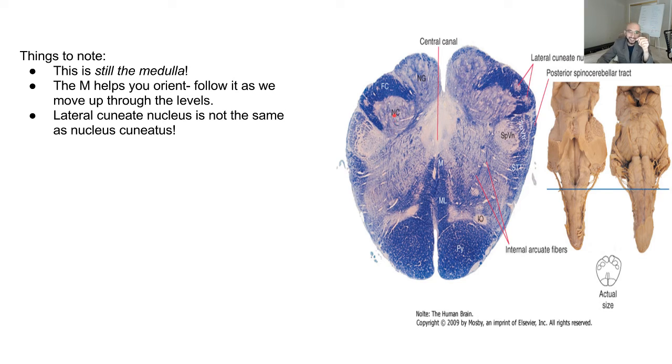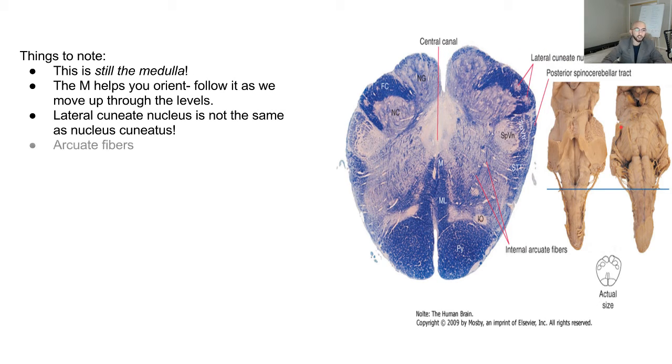The unmarked ones would be right up here, the lateral cuneate nucleus area. This would be another nucleus cuneatus, and this is lateral to it. That's how you identify that. If you see this and say lateral cuneate nucleus, that's kind of silly because that's not lateral. You're looking for something really lateral if you're talking about the lateral cuneate nucleus.